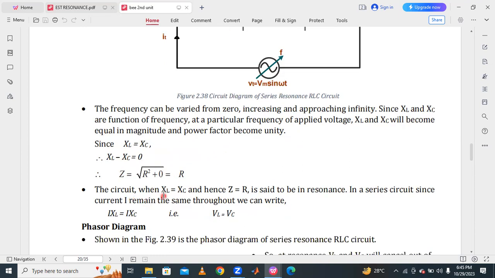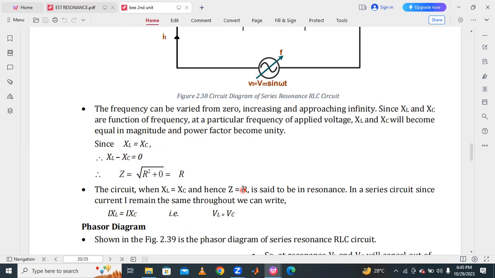So the circuit when XL is equal to XC and Z is equal to R is said to be in resonance. Under resonance condition, the resistance offered by the circuit is R, the minimum resistance. When the resistance is minimum, the current will be maximum.